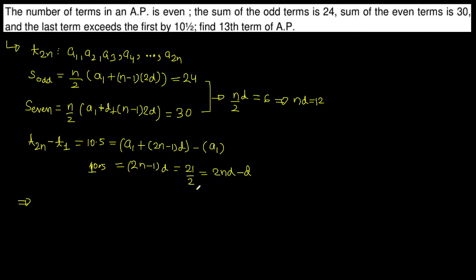Nd equal to 12, so d equal to 24 minus 10.5, 13.5. D is 13.5 and will come out to be some different number.